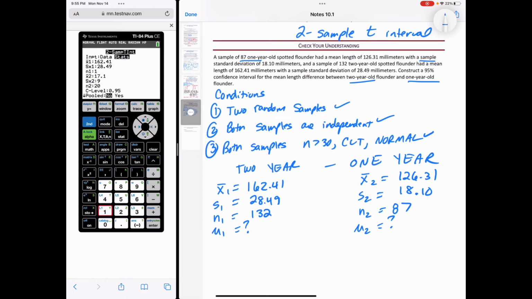N of 1 is 132. X bar 2 is 126.31. S of 2 is 18.10. N is 87. We're not going to pool. I want 95% confidence. And I'm going to calculate it.